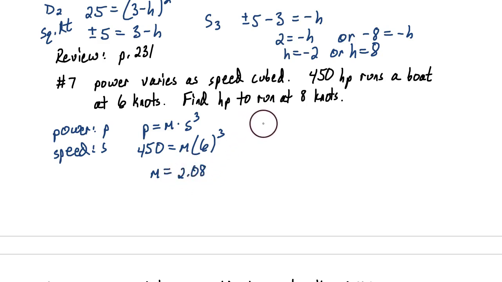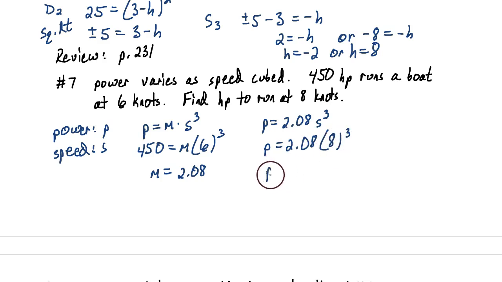So our equation that represents power and speed is P equals 2.08 times s cubed. The last sentence says, find the power if the speed is 8 knots. So let's substitute 8 in place of s. Our answer for P is 1064.9 horsepower.